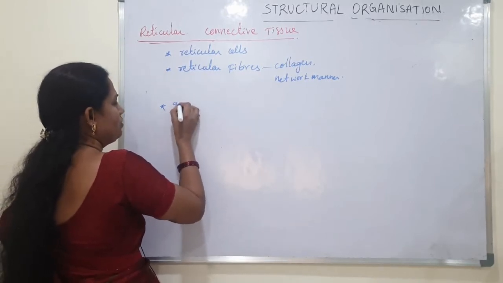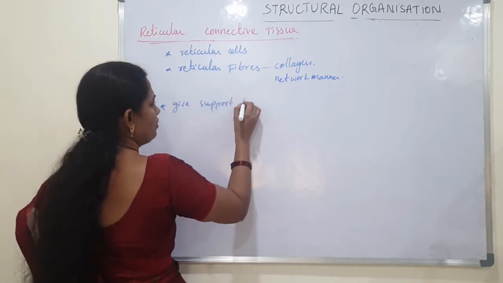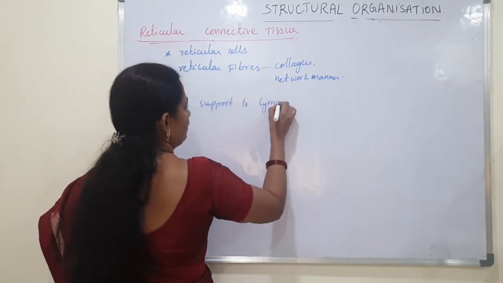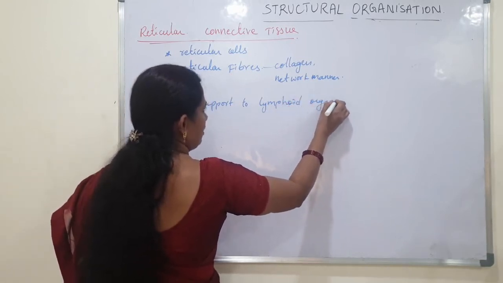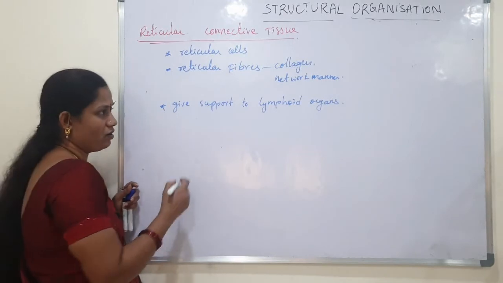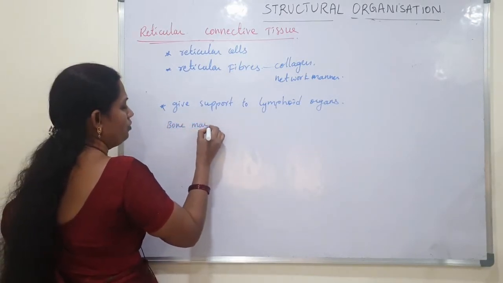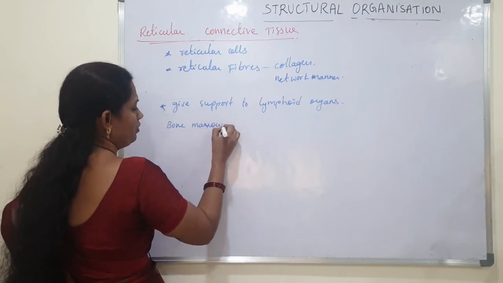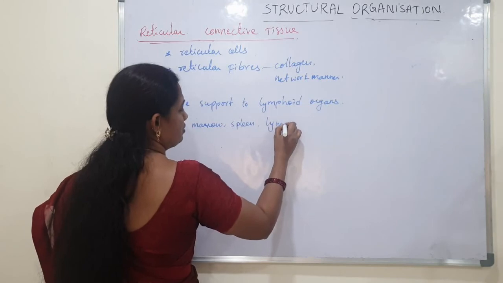They give support to lymphoid organs like bone marrow, spleen, and lymph nodes.